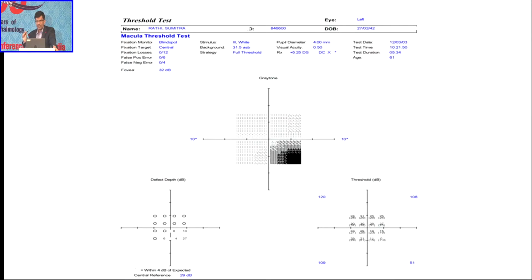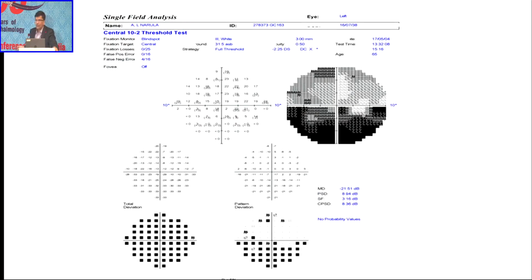One classic indication of doing a central 5 degrees is to detect a macular change in chloroquine toxicity. Then you have a 10-2. With 10-2, we glaucoma people generally do it when the patient has an advanced visual field defect and only a small central 10 degrees is left.